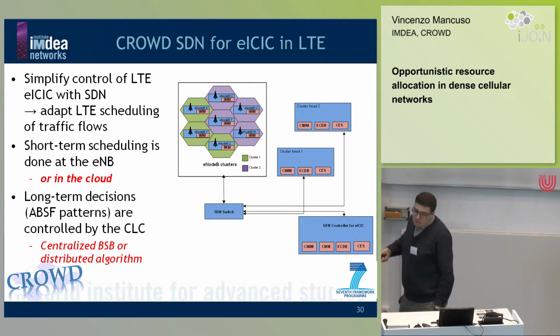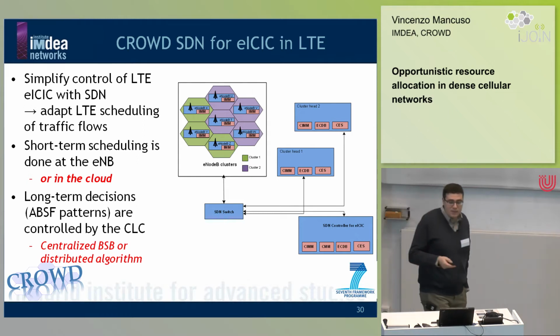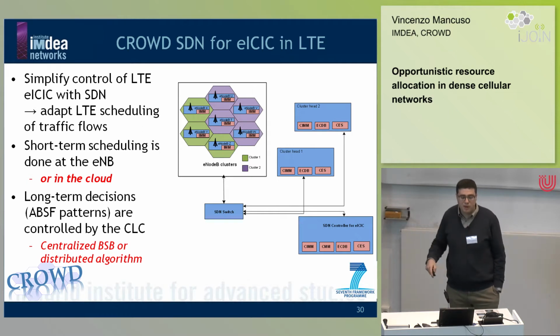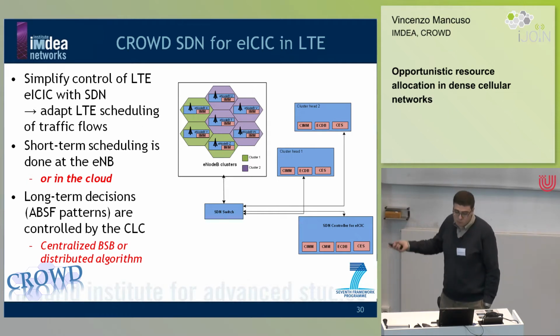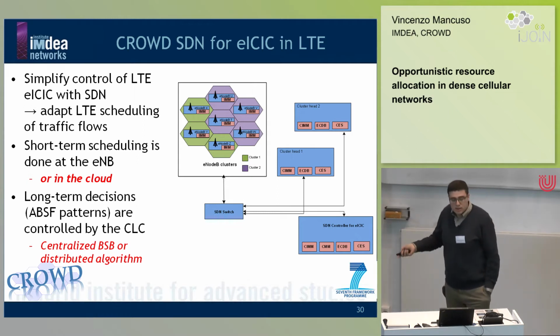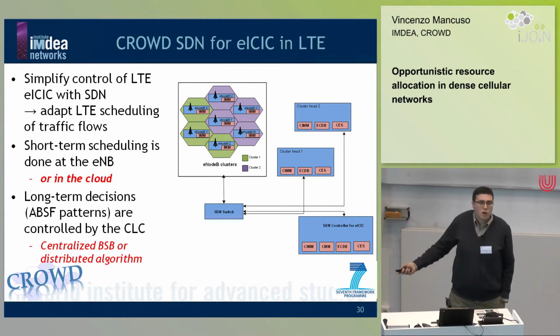Then, I've been talking about adapting the scheduling of traffic, scheduling in the node B, that could be done actually in the node B or in the cloud, taking decisions on short term and long term. You need controllers for that.